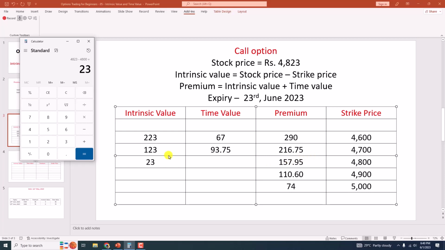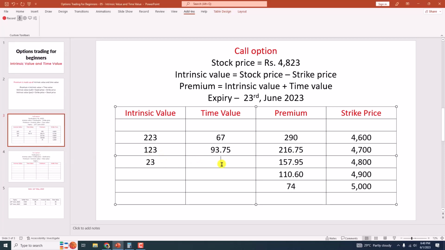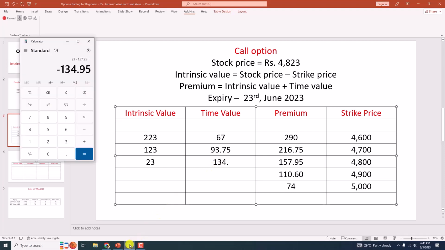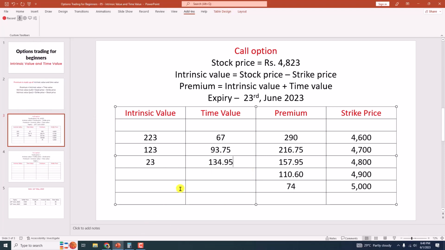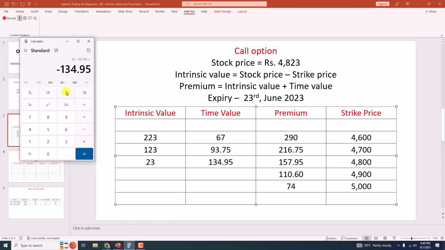Now this is the premium, 157.95 minus 23 will be 134.95. Time value is 134.95.